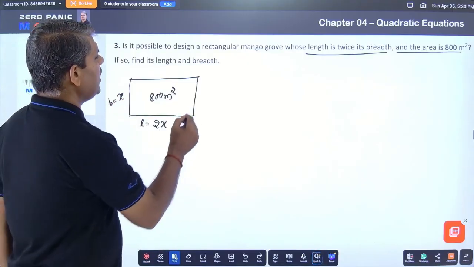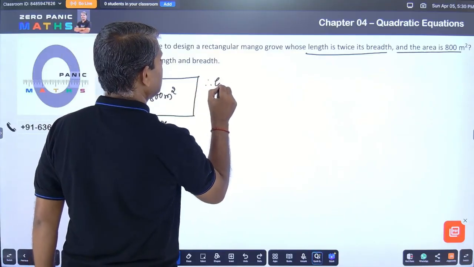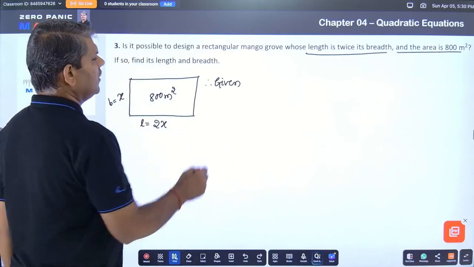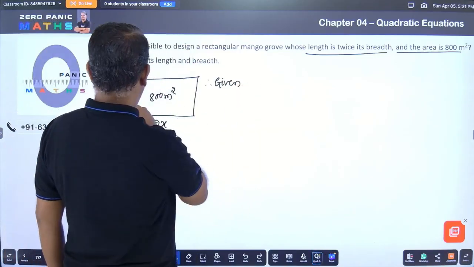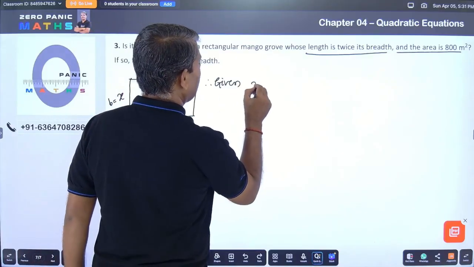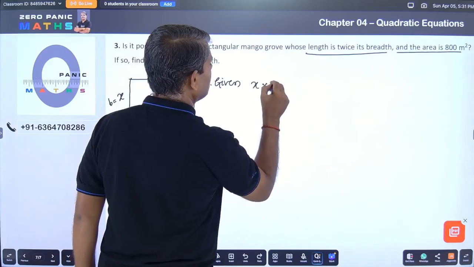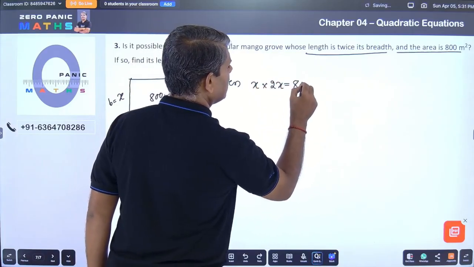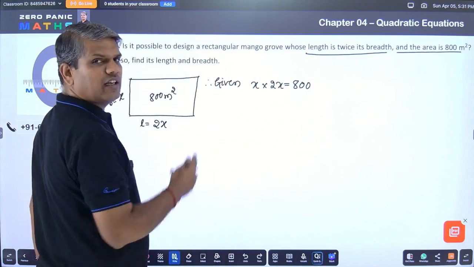So what is given? Given is length into breadth: x into 2x is equal to 800. That is given.